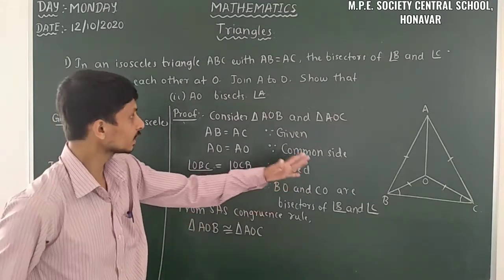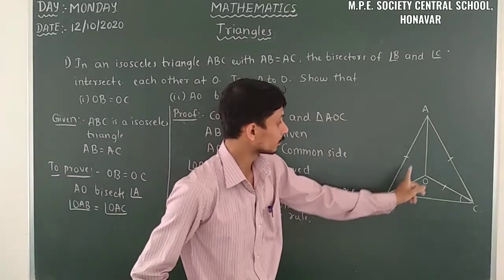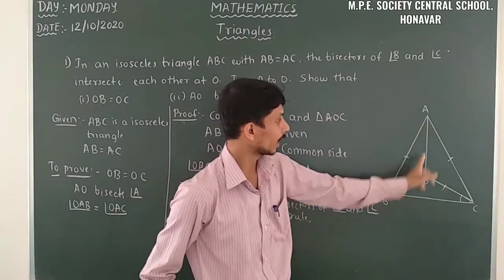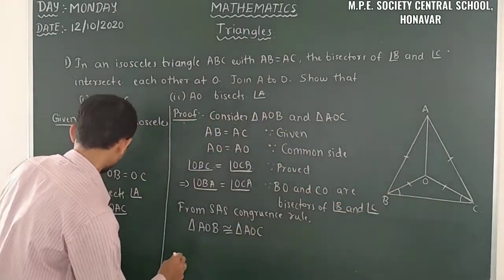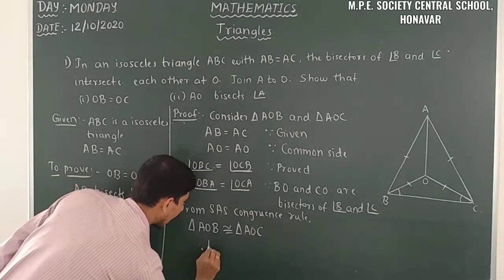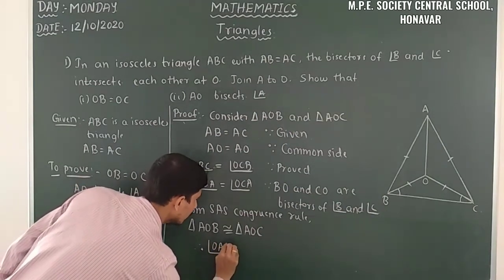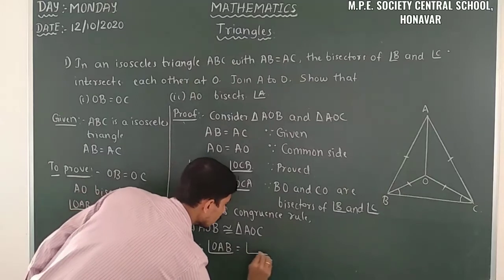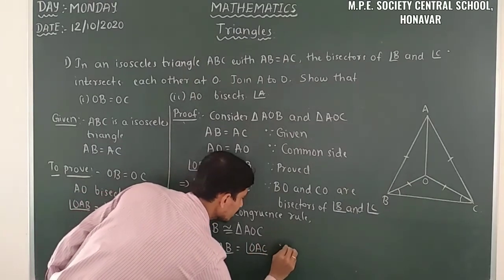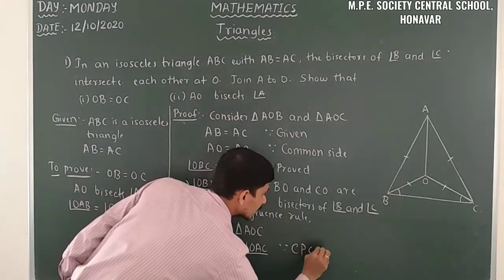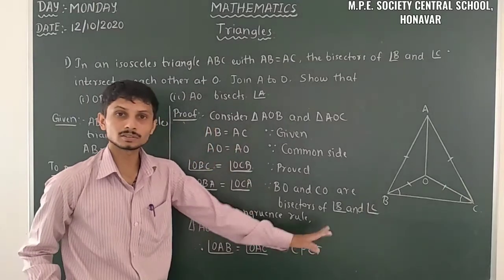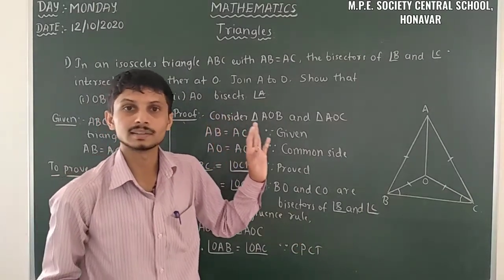That's why we can take angle OAB is equal to angle OAC. Therefore, angle OAB is equal to angle OAC. It becomes CPCT, that is corresponding parts of congruent triangles.